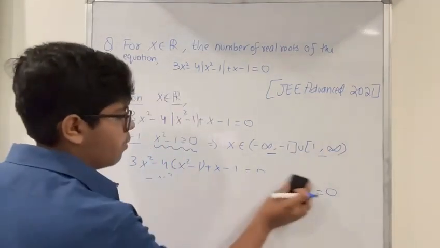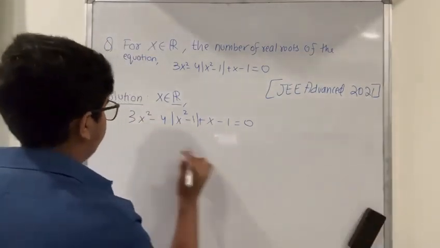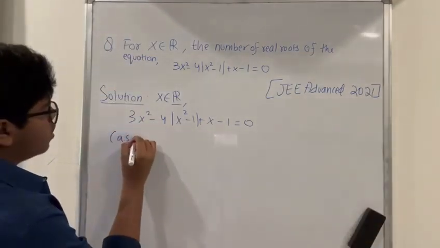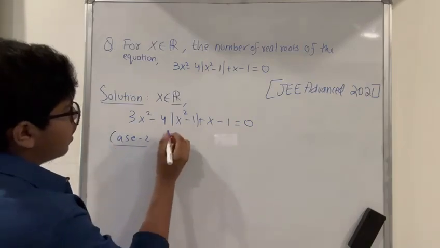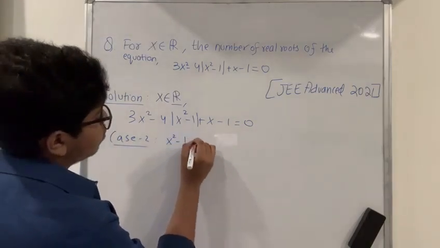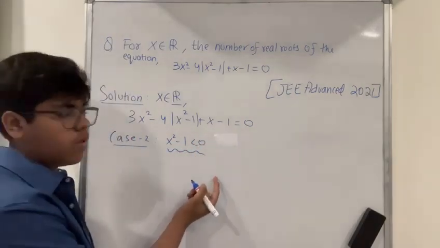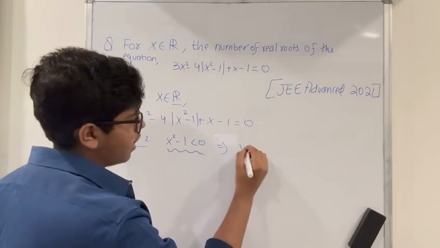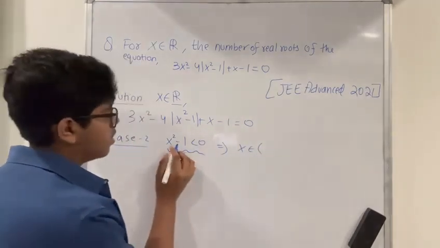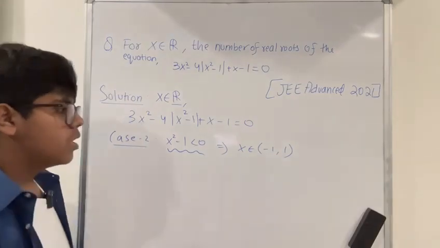Now for case 2, we would be assuming x squared minus 1 to be less than 0. Clearly, by solving this inequality, we get x to belong in the range minus 1 to 1, not included, right?